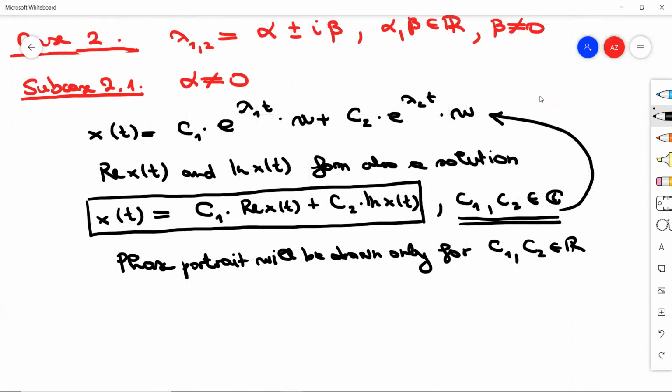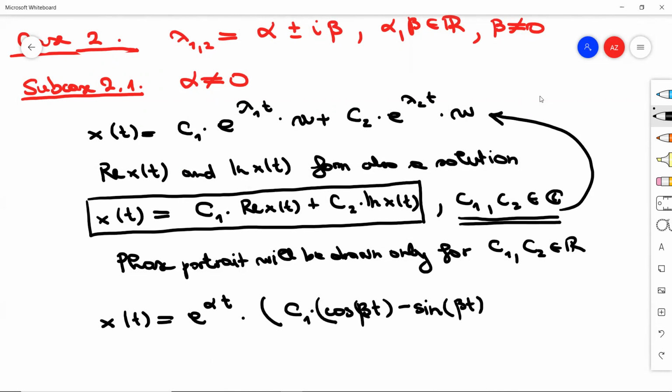So I can write down this form from last time. C2 was e to alpha t, the real coefficient, times the real and imaginary parts: C1 times cosine beta t plus minus sine of beta t.